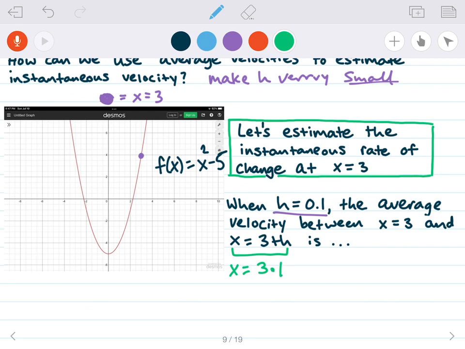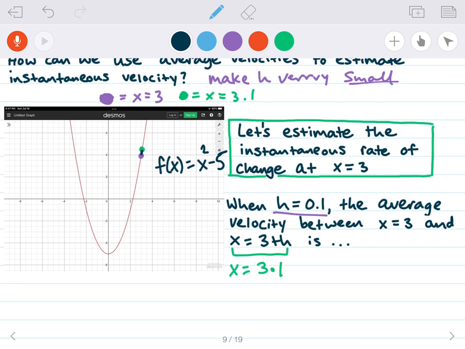And so that is going to be very close, right? There it is. So this guy is going to be at x equals 3.1. And the question is, what is the slope of that little segment right there?